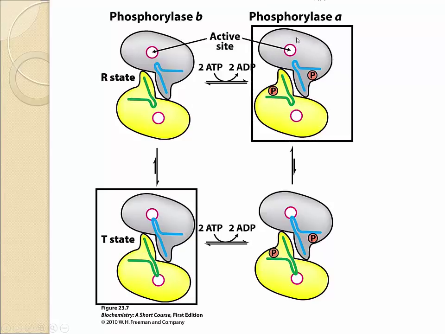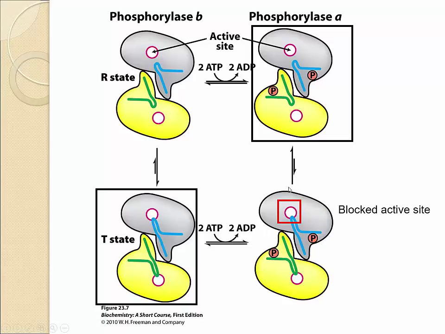Phosphorylase A prefers the R state, but they can be moved, shown by these equilibria, into the alternative state, R or T. To go between phosphorylase B and phosphorylase A requires phosphorylation. Since it's going to take phosphorylation, the enzyme that will do it is probably a kinase.